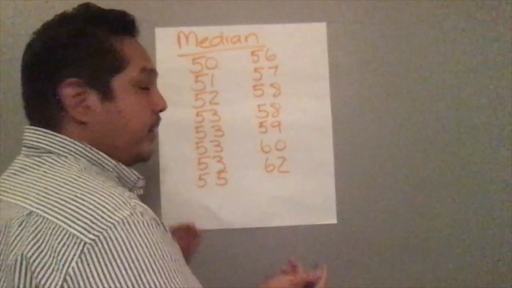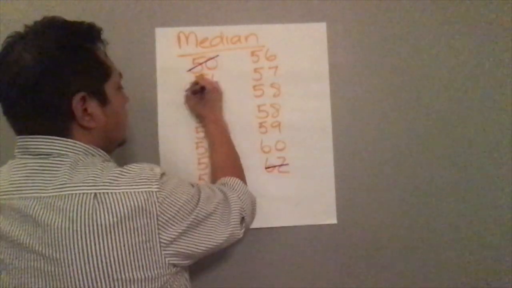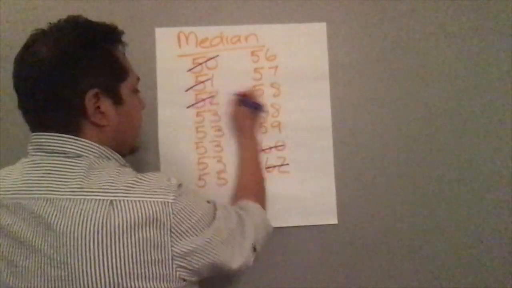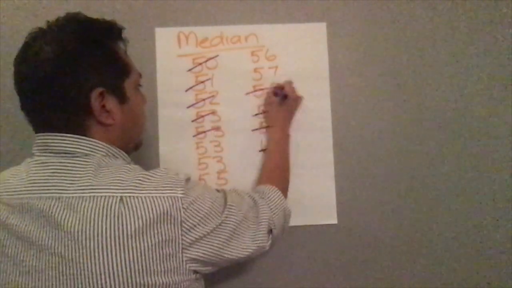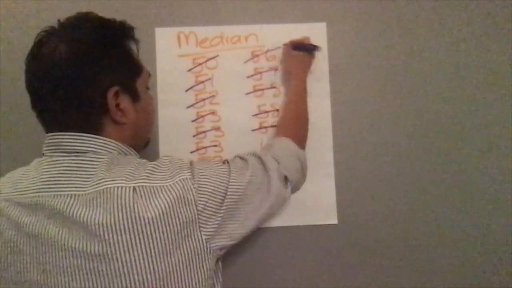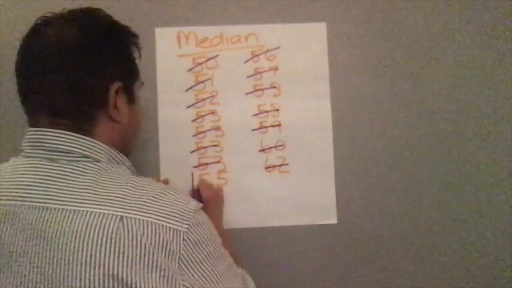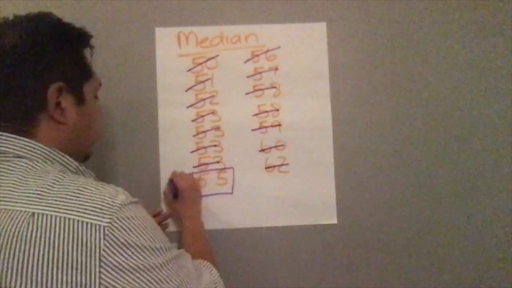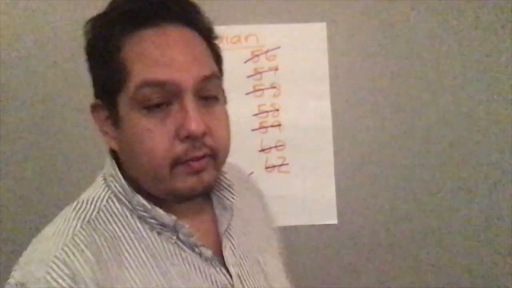I lose track of those. So I'll do my first one at the end, second one, third one, fourth one, fifth one, sixth one, seventh one, until I have one number left. And so by doing that, I figured out that my median for this data set is 55.